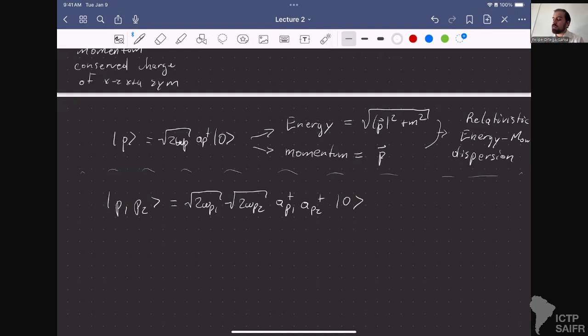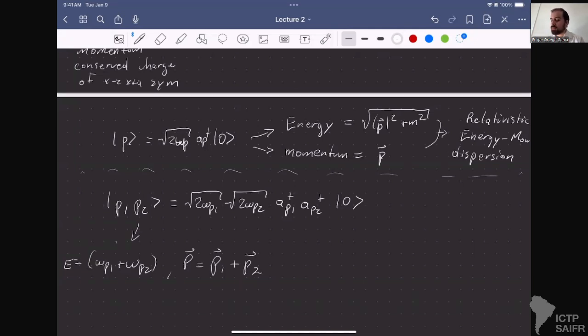So this new state has energy equal to omega p1 plus omega p2, and has momentum equal to p1 plus p2.